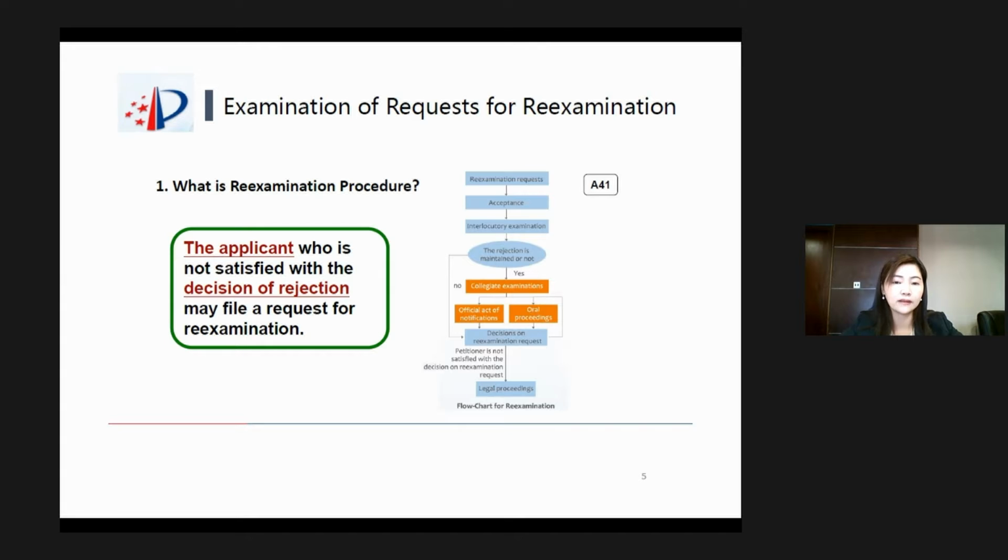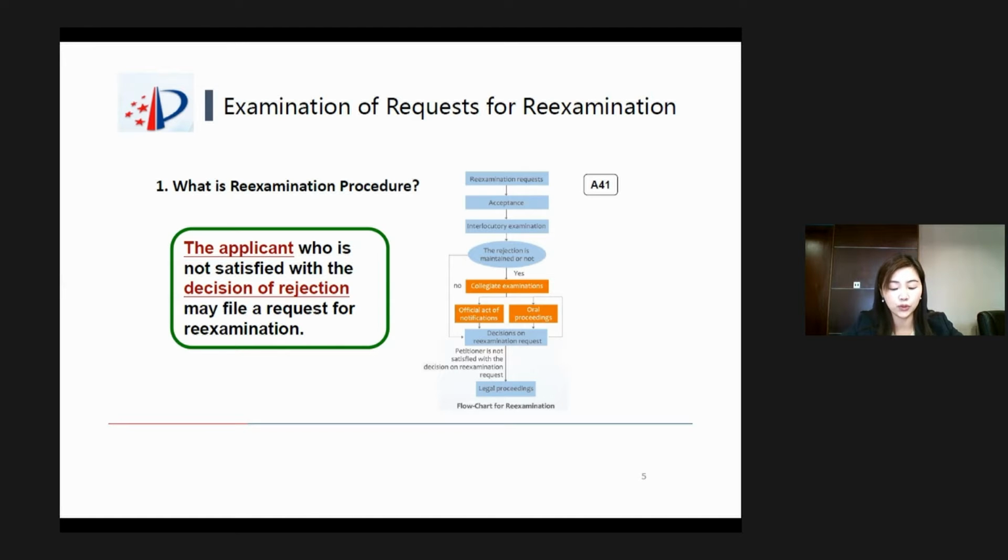The second one, if the examiner has negative opinions during interlocutory examination, the application will be examined by a panel of examiners. Next, a notification of re-examination will be issued. The petitioner must file a response within 1 month from the date of receipt of the notification. Under the condition that the response can overcome the defects pointed out, the final rejection will be revoked.